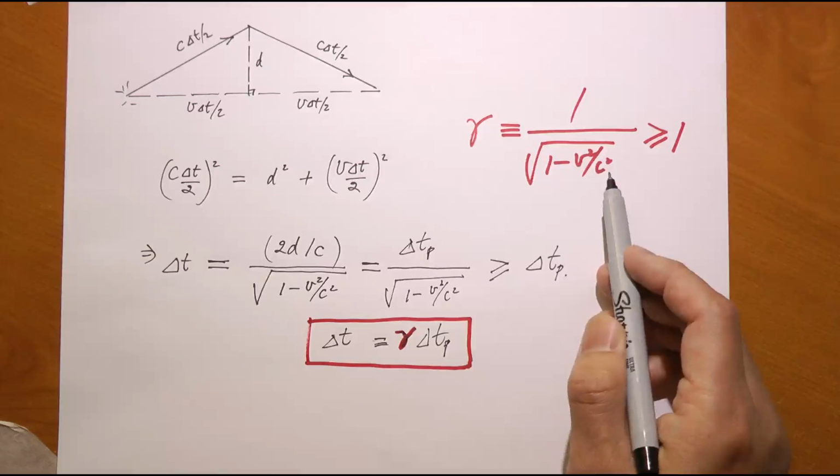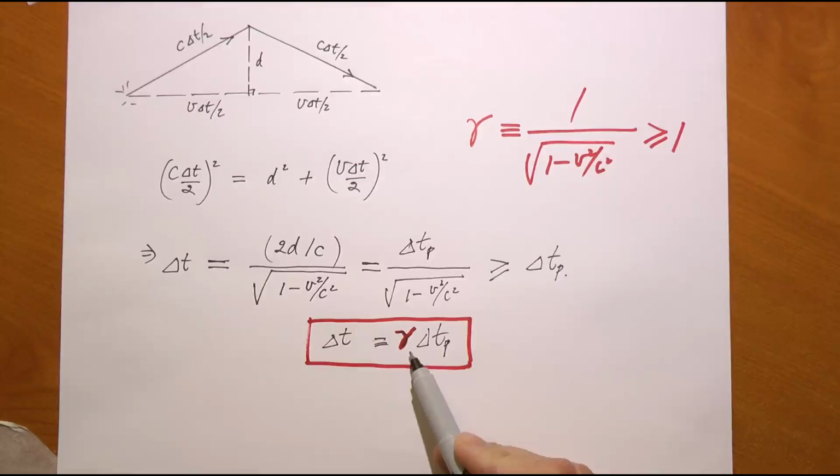So gamma is almost equal to 1. Therefore, even up to the speed of sound, delta t and delta t proper have virtually no difference. You cannot measure that difference unless you have a very, very accurate clock. Therefore, this time dilation thing has eluded our observation for all this time until Einstein discovered it.